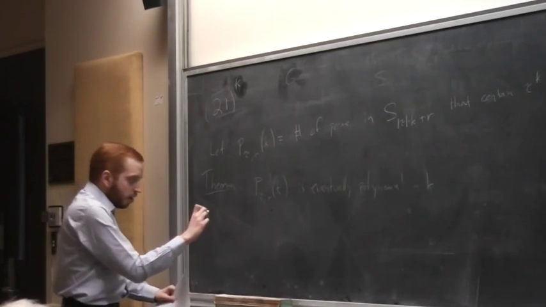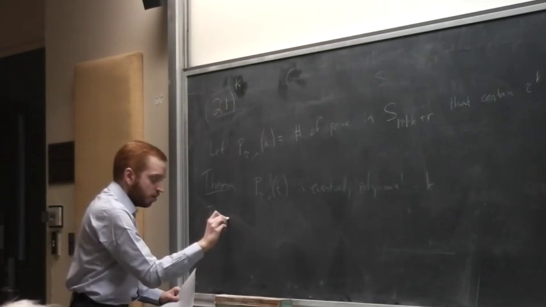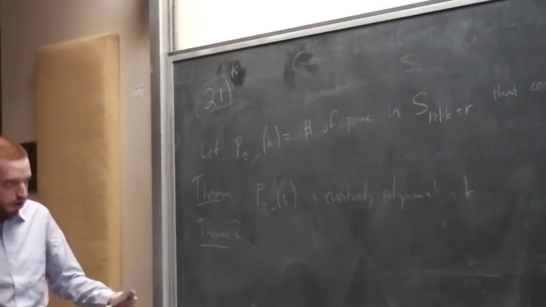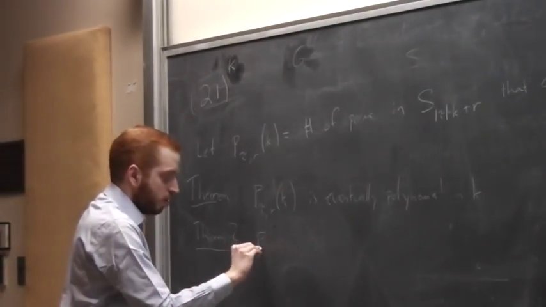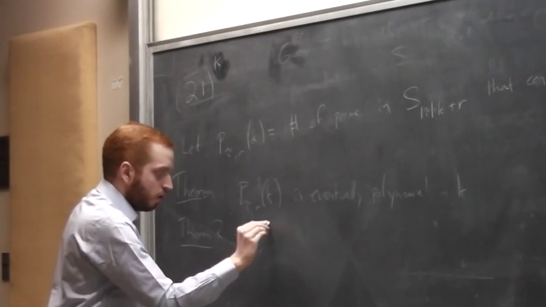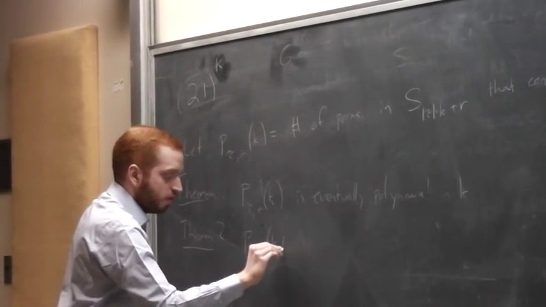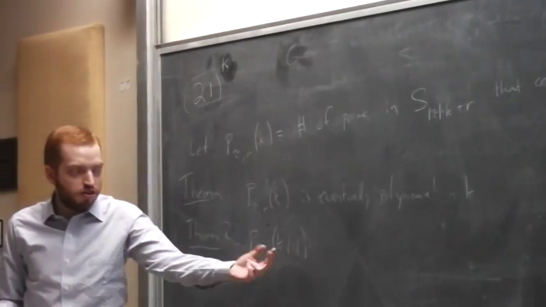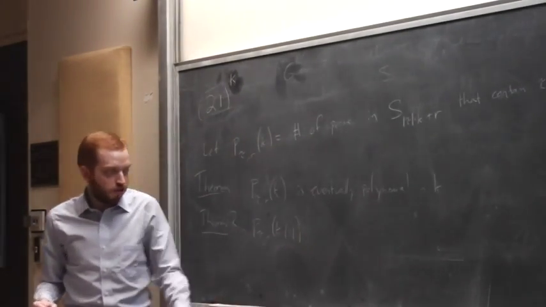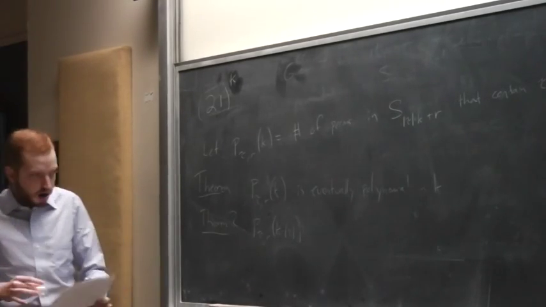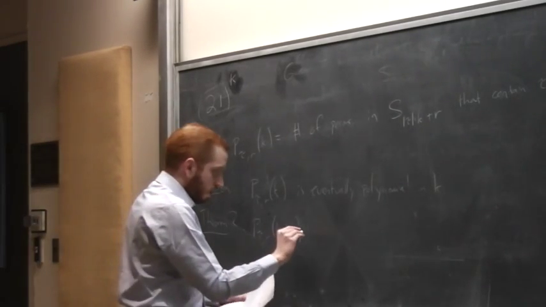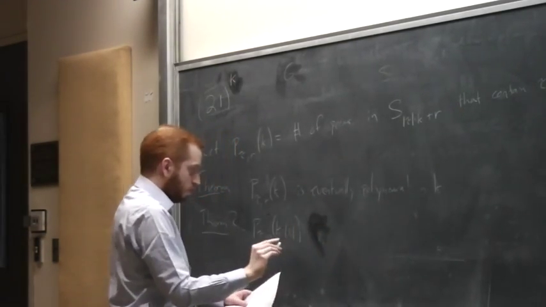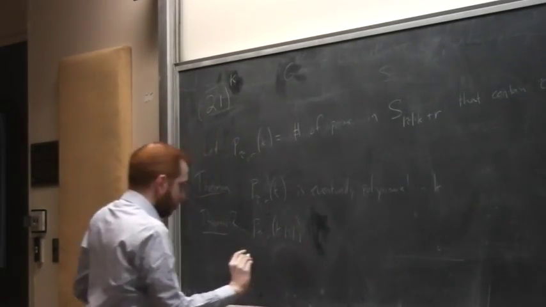So I'll say theorem 2, because this one is also interesting enough to be called a theorem, I think. It says that P tau R of K times size of tau, so here I'm multiplying it by a constant, which is just the number of elements in tau to the K. I started this wrong.